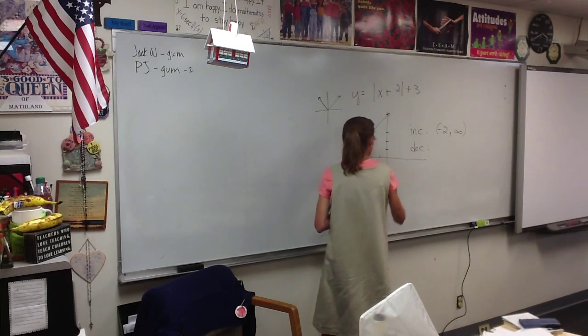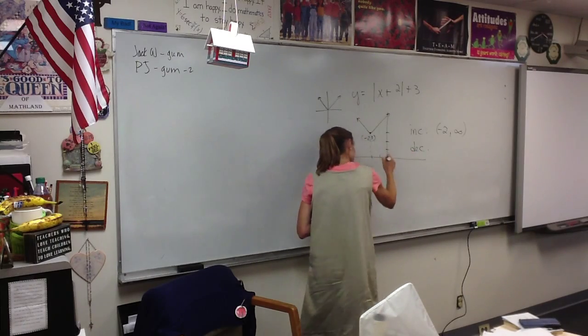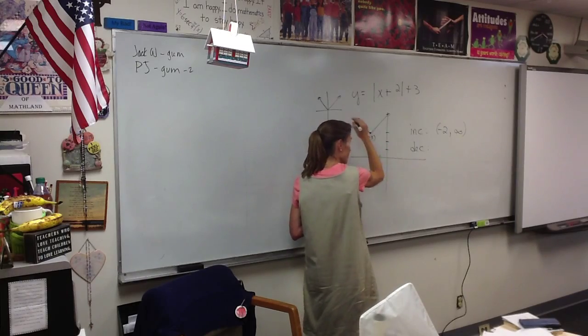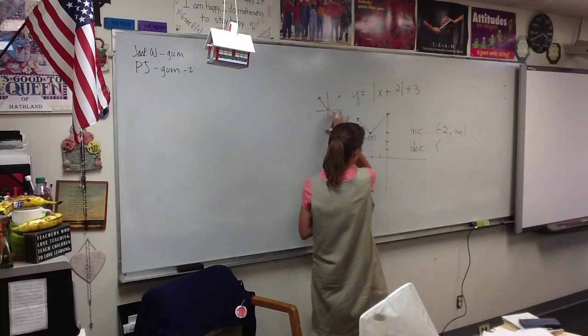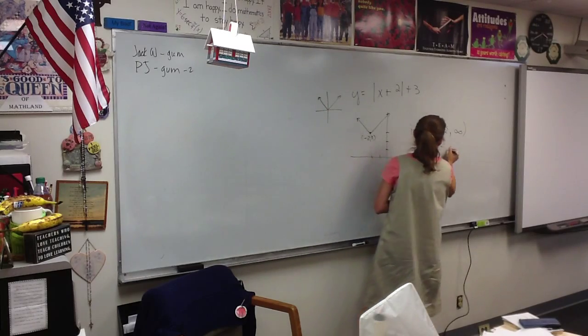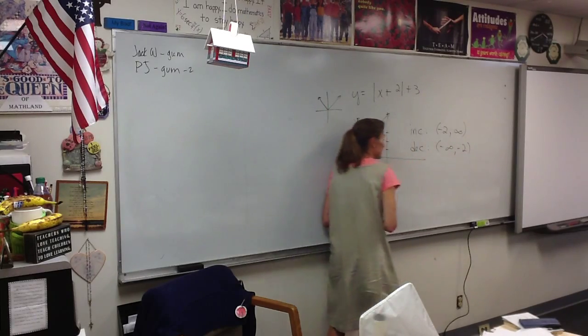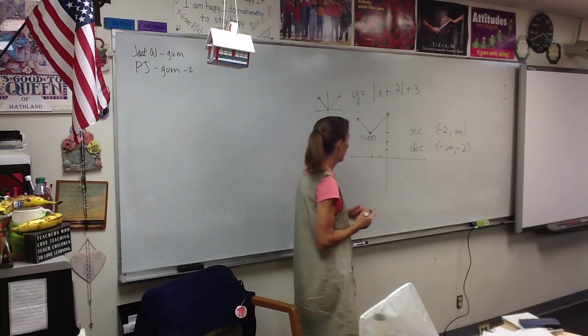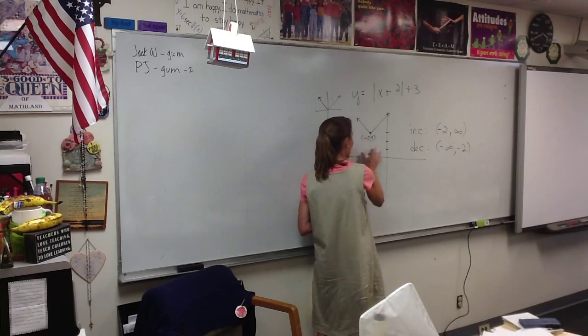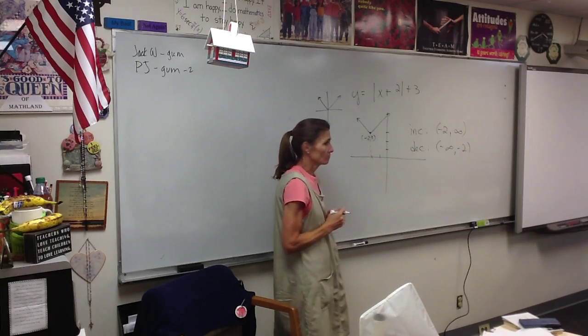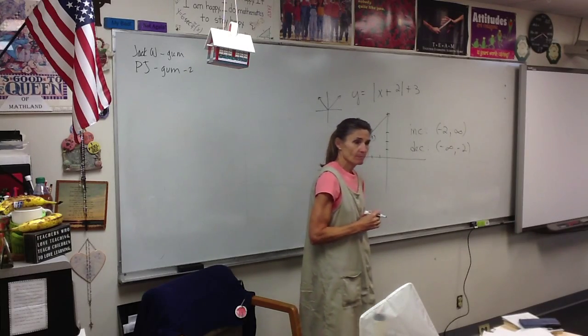Now what does decreasing mean? Pencil goes down, left to right. So what's the interval on which it's decreasing? Negative infinity to -2. Yep, that's it. To -2. Remember, we're moving left and right, so we're doing x values. So does that answer your question?